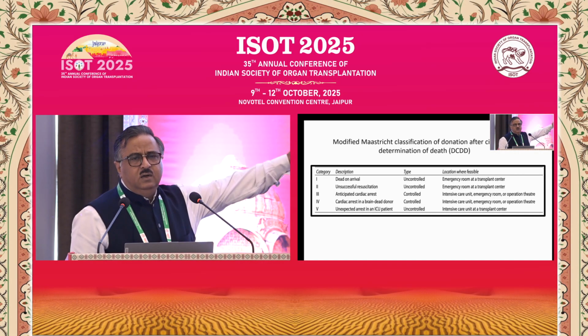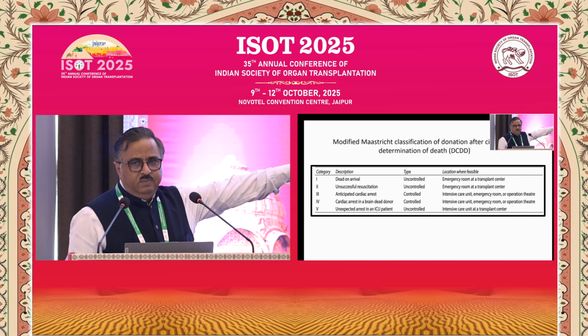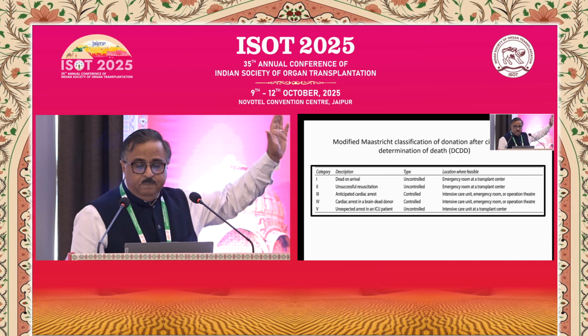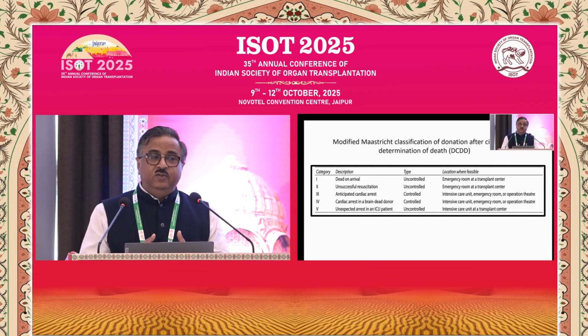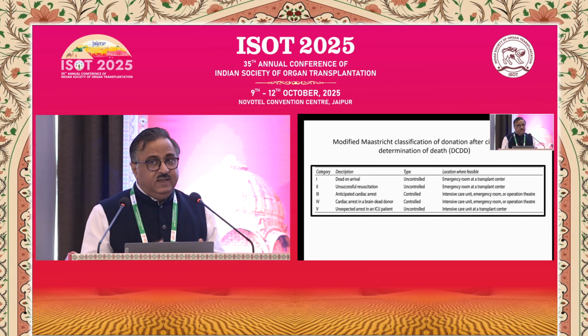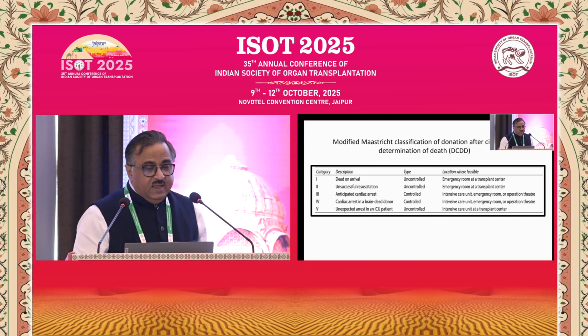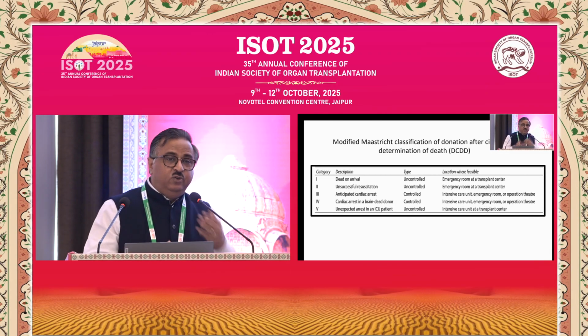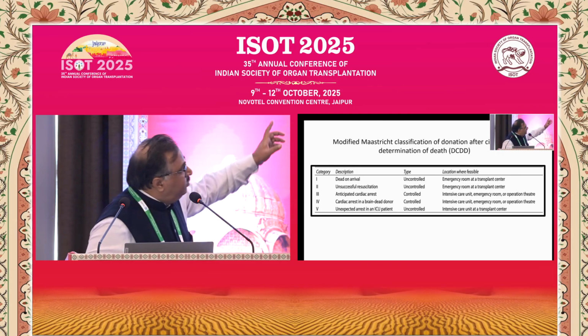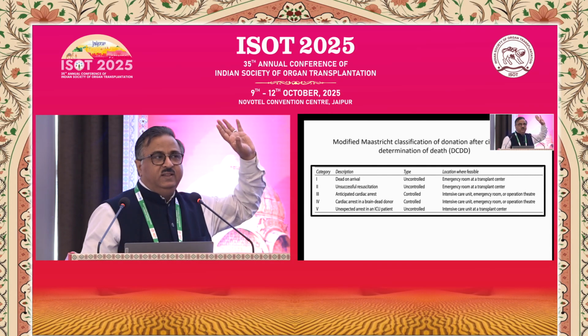This is an uncontrolled situation, and it is very important to understand. If the patient has arrived in a center where there is a facility of DCD, they can do it immediately. Second one is again unsuccessful resuscitation. The patient has come, you have tried to resuscitate but failed. Again, if those patients reach a center where this kind of transplant is going on, it becomes easy.